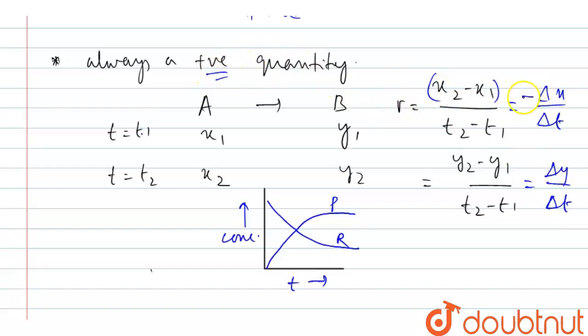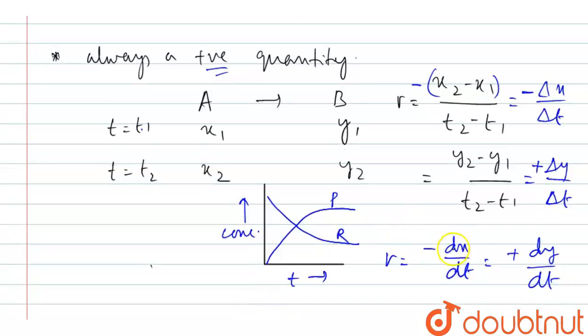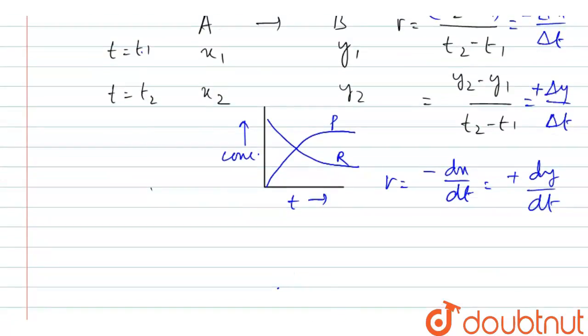Therefore we multiply this with minus, to keep r always positive. So the relationship is r equals minus dx by dt equals plus dy by dt. For a small change we have taken d, and for a large change we take the average value, delta.